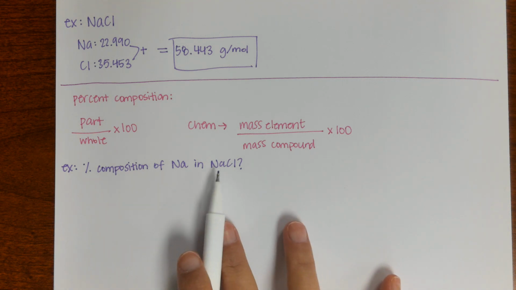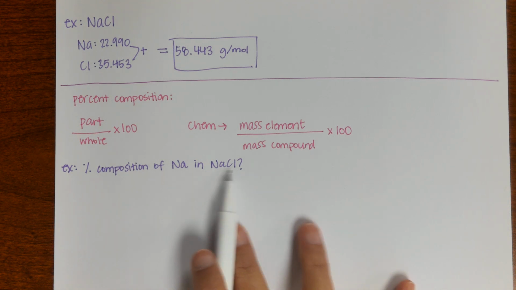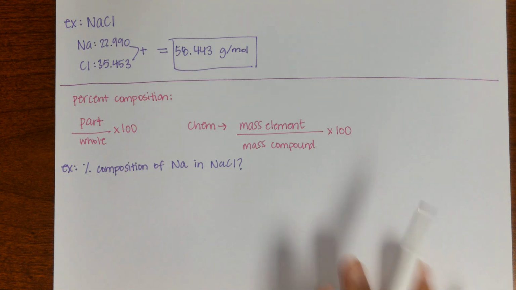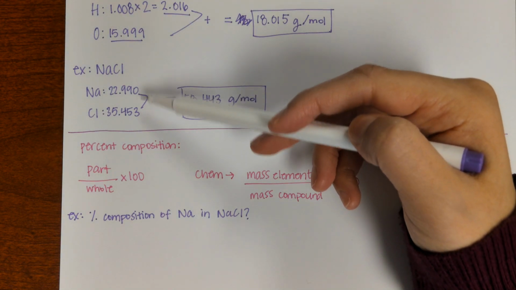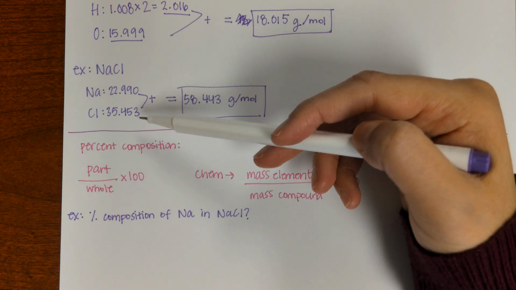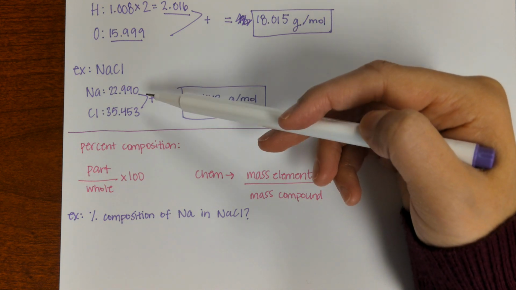You may think, oh, it's Na and Cl, it's 2, so it may be 50-50, right? But that's not true, because chlorine has a bigger mass than sodium, so it's not 50-50.